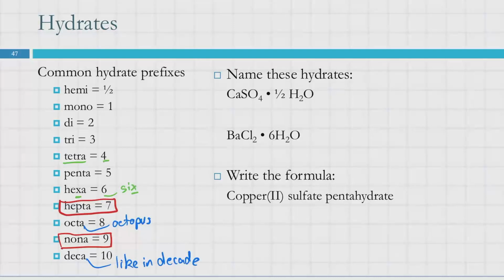So, naming some hydrates. CaSO4 middle dot 1/2 H2O. This is calcium sulfate hydrate.